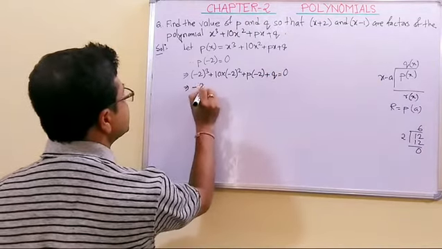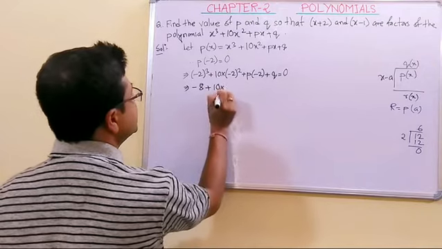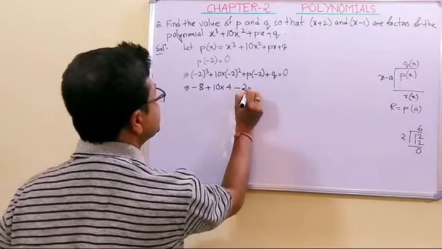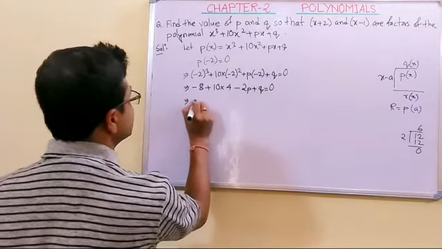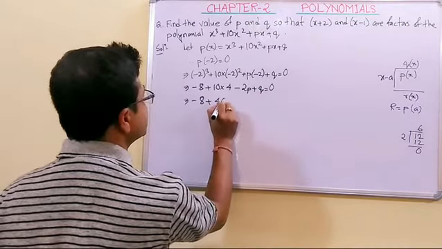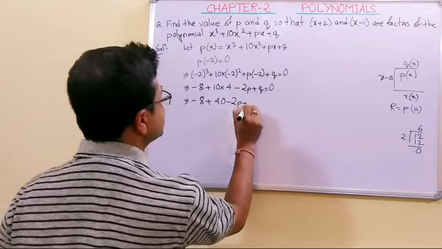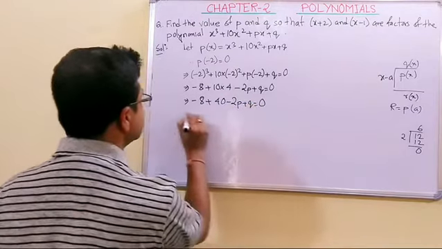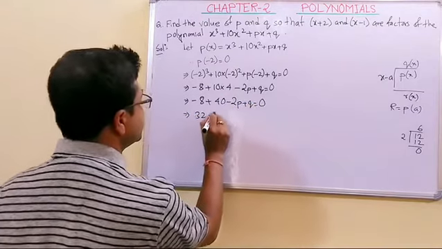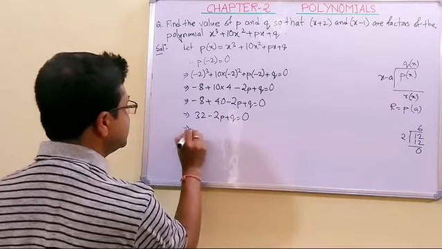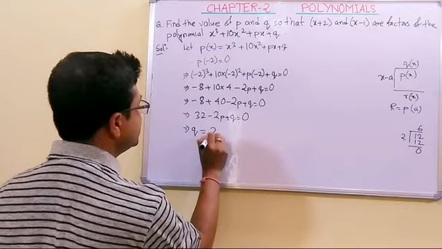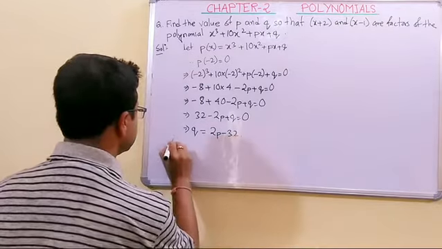This is minus 8. 10 into 4 is 40. Alright student, so this is 32 minus 2p plus q equal to 0. So from here we can say that q equals 2p minus 32.